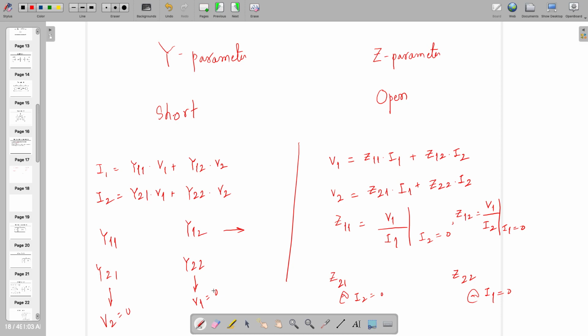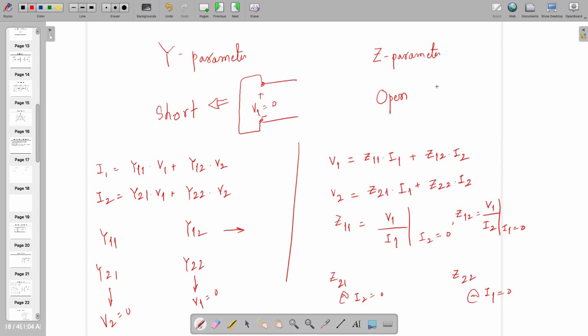Whenever you keep some voltage sources, which are independent by nature, at 0, you need to connect these two terminals with each other, which means you are doing a short circuit, and that's how this parameter gets the name short circuit parameter.